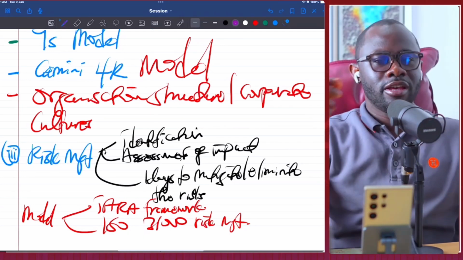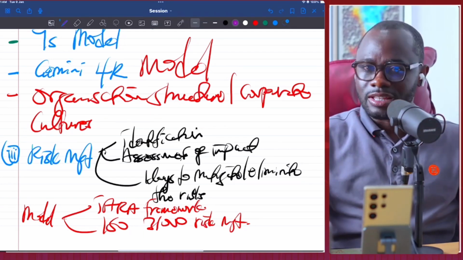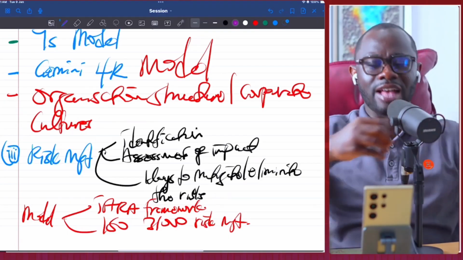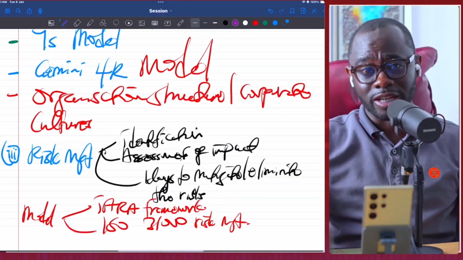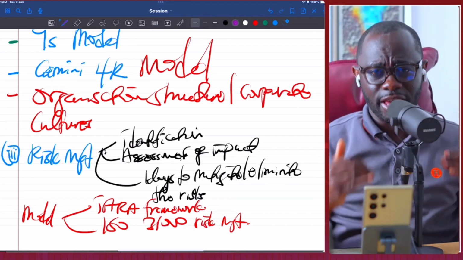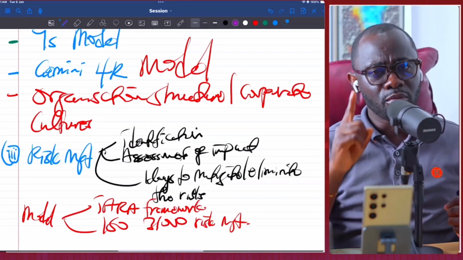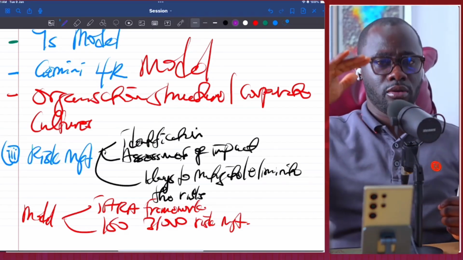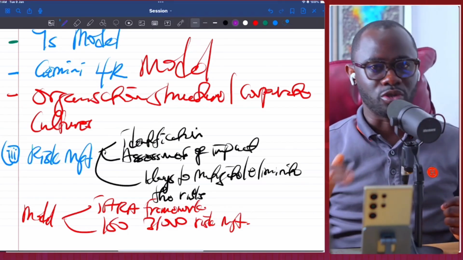No. Regularly, at regular interval, we have to be able to analyze, identify, assess the various risks that we are exposed to. Number one, what will be the impact of those risks on the entity? Number two, but most importantly, ways to eliminate those risks or mitigate those risks.